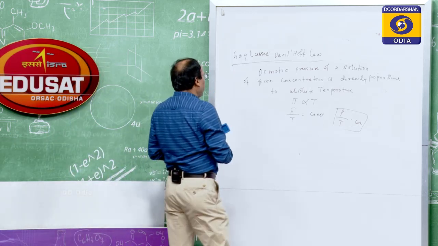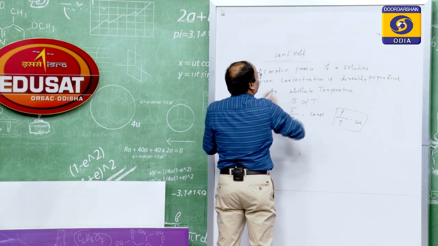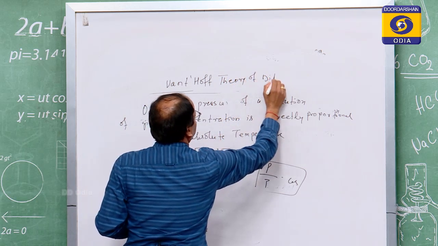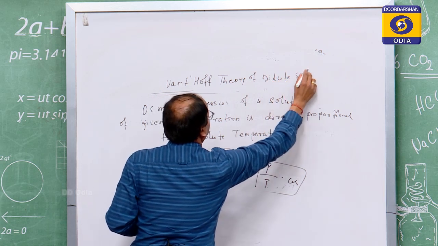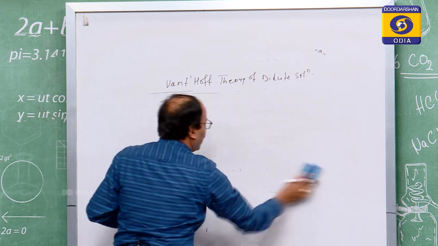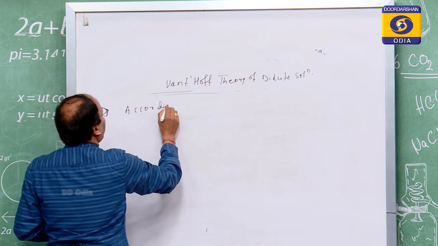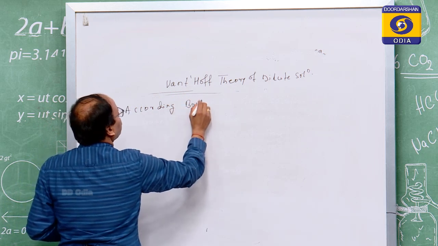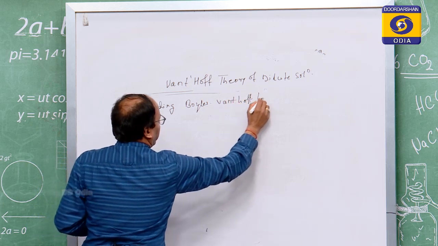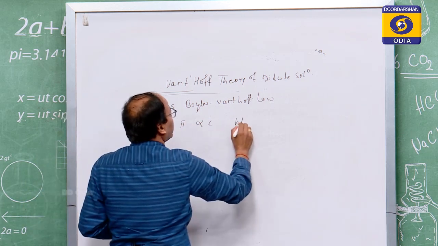Now, combining these two laws, we will have Van 't Hoff's theory of dilute solution. By combining these two laws, we will derive another law, that is the Van 't Hoff theory of dilute solution. According to Boyle-Van 't Hoff law, we have pi is proportional to C when T is constant.